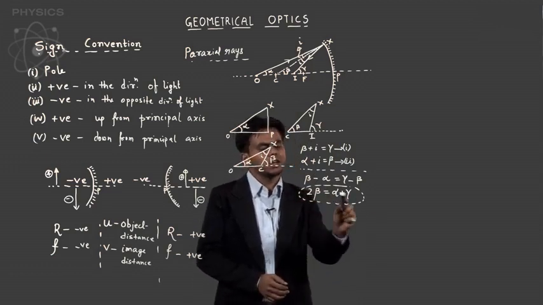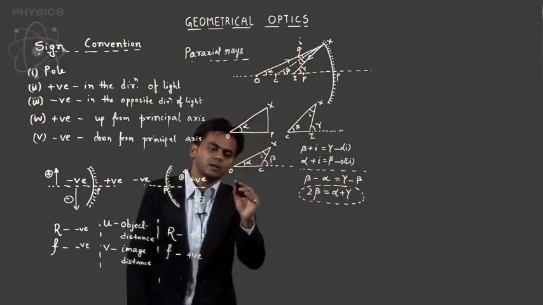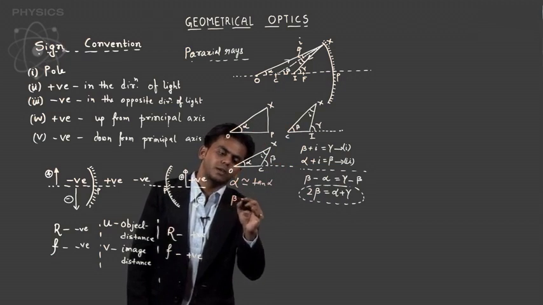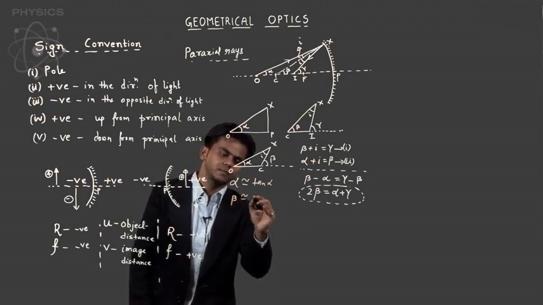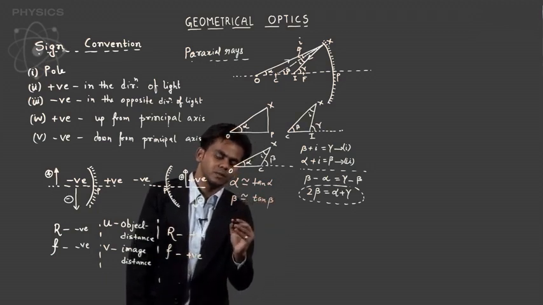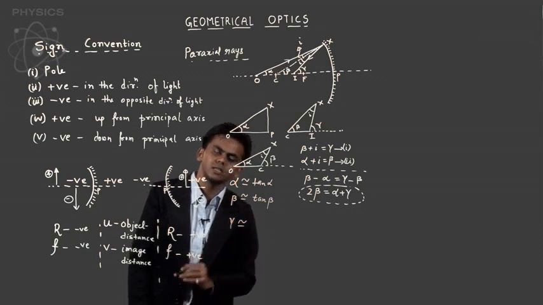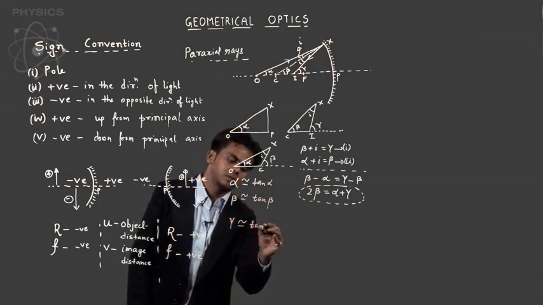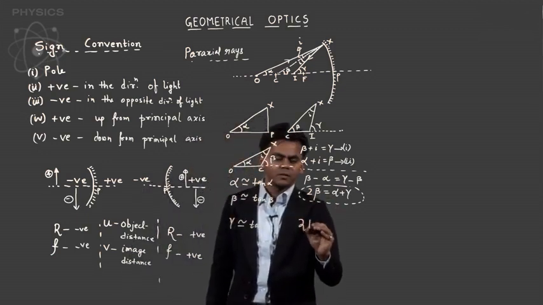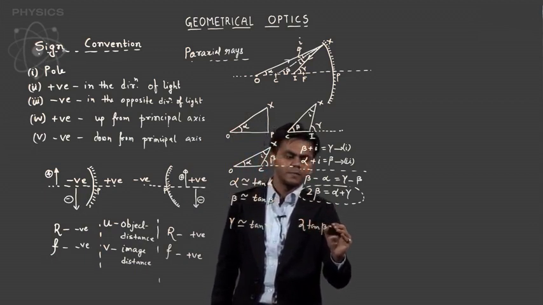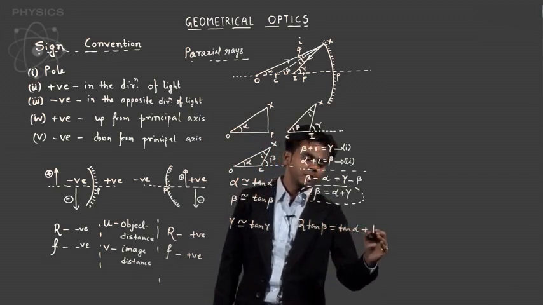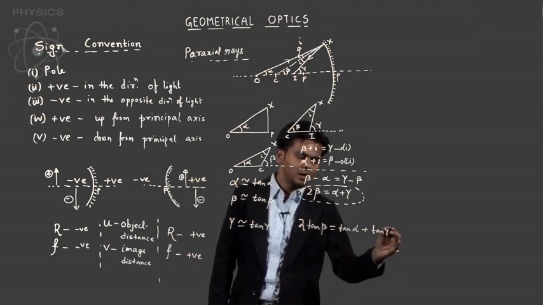So in place of 2 beta is equal to alpha plus gamma, I know that alpha can be approximated as tan alpha, beta can be approximated as tan beta, and gamma can be approximated as tan gamma, which means in place of beta I can write 2 tan beta is equal to tan alpha plus tan gamma.